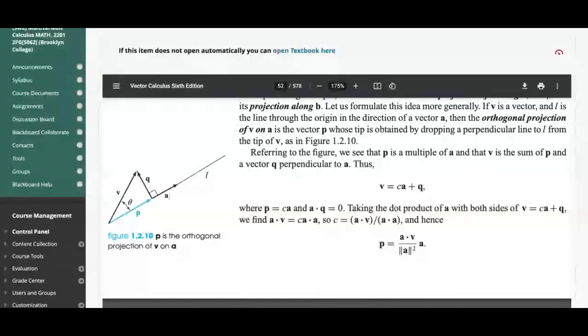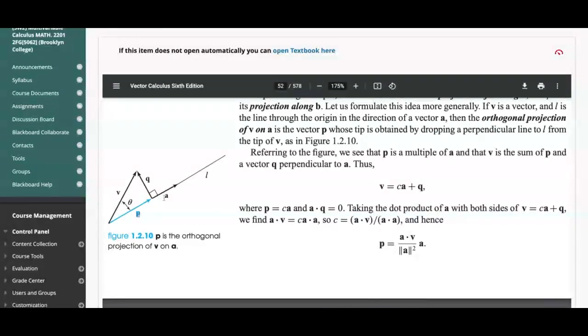You see here we have vector A. See figure 1.210. You see vector A here. You see vector P here. You see that they are collinear, right? Collinear means they fall on the same line. Especially with vectors, even if they're not falling on the same line, if they're parallel, we still treat them as collinear, because remember, parallel translation is free when we talk about vectors.